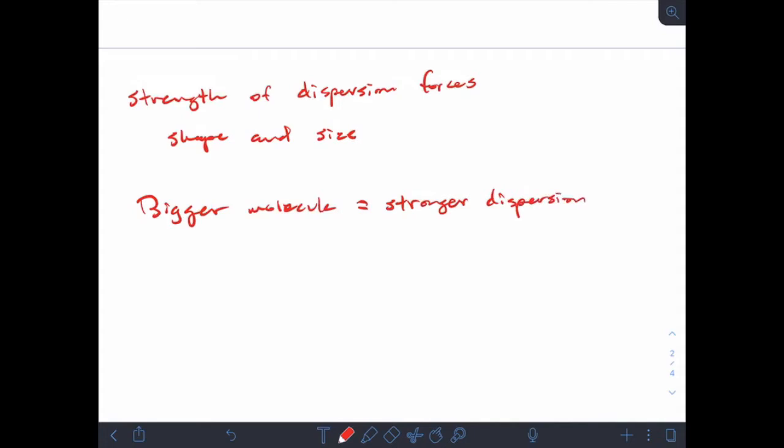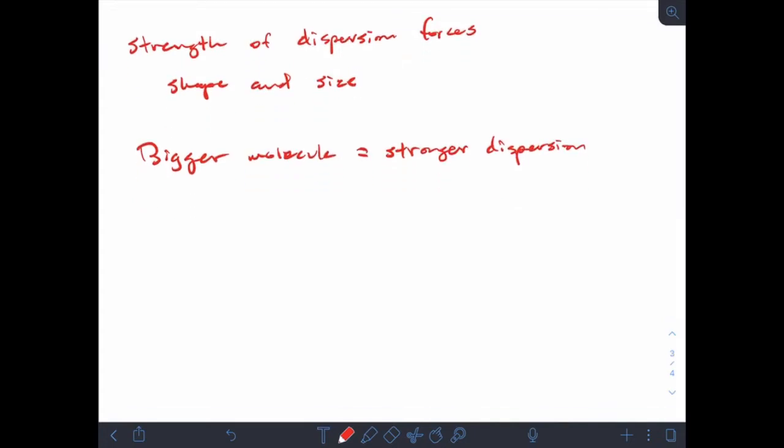Okay, so let's think about the forces involved between something like C2H6 versus C5H12. Okay, so lots more electrons here.